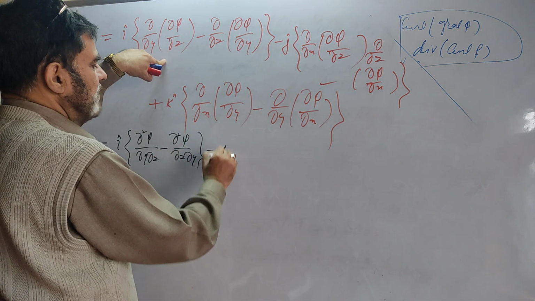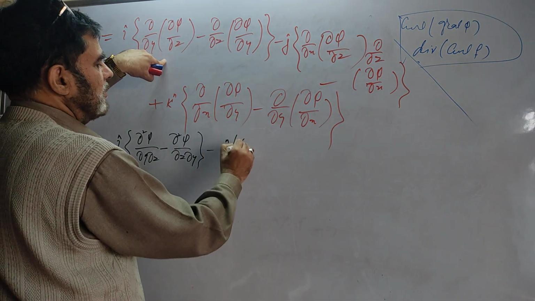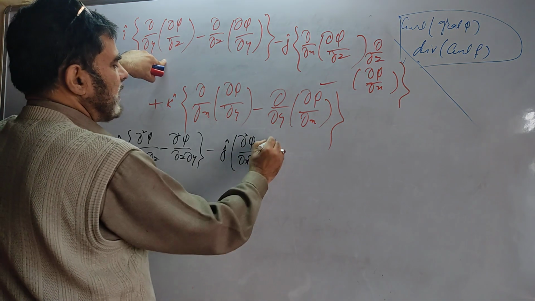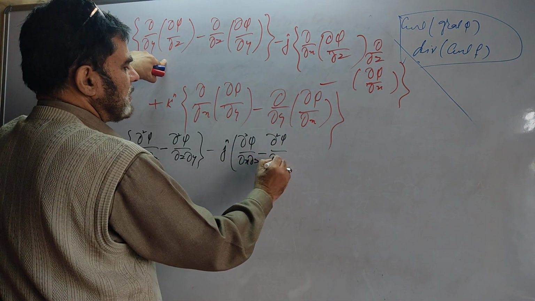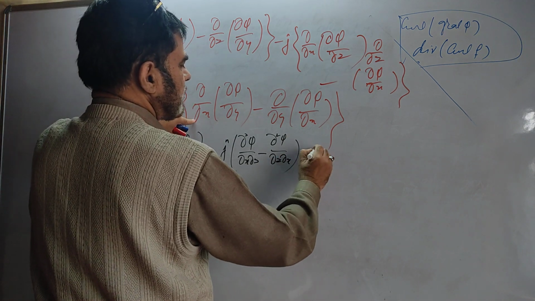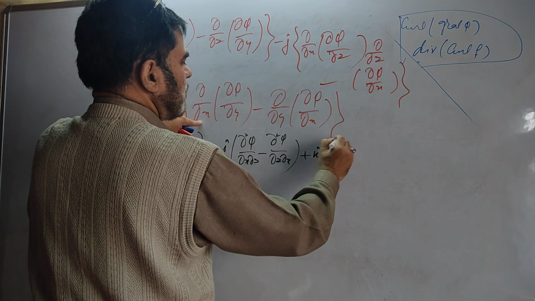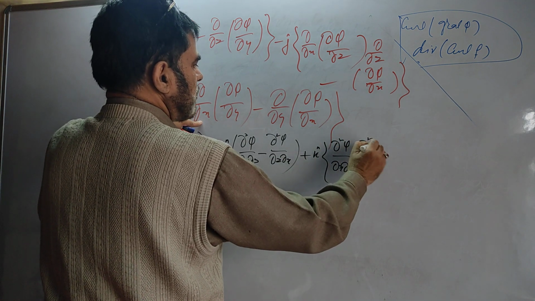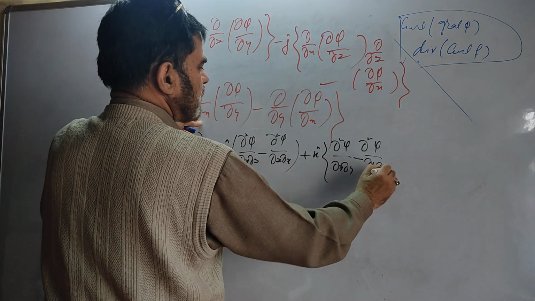This is minus j times dou 2 phi by dou x dou z minus dou 2 phi by dou z dou x, then plus k times dou 2 phi by dou x dou y minus dou 2 phi by dou y dou x.